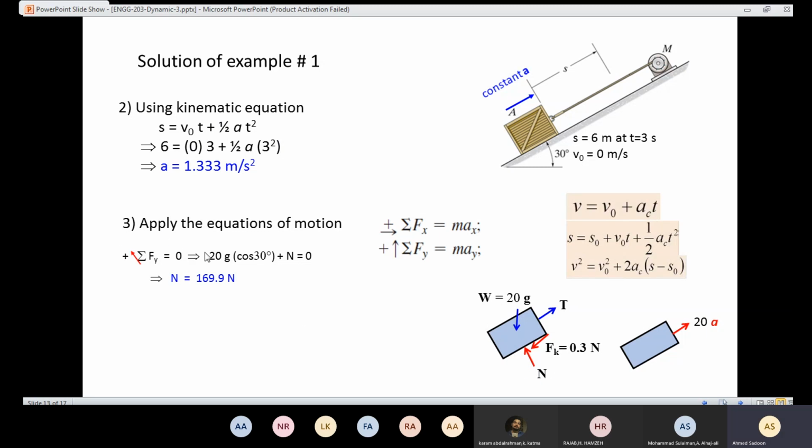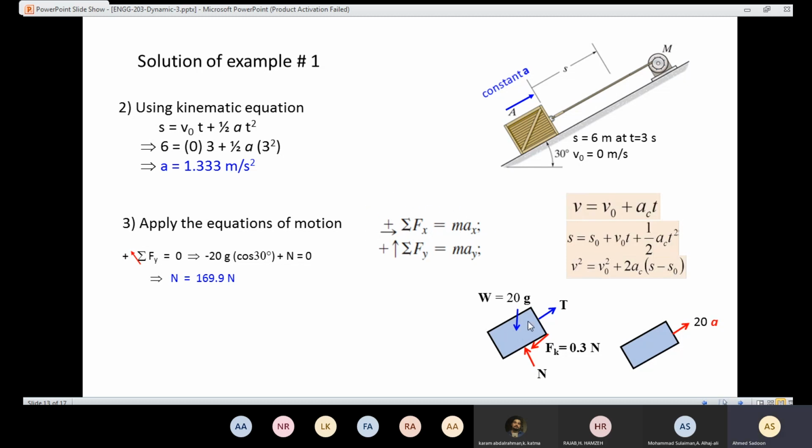So in Y, I'm going to have minus 20 g cosine 30 plus N equal 0. G, we are going to use 9.81. The value of N came out to be 169.9 newtons. So now I know the value of N. And of course here, the value of AY is going to be 0 because I don't have any motion in the Y-axis.